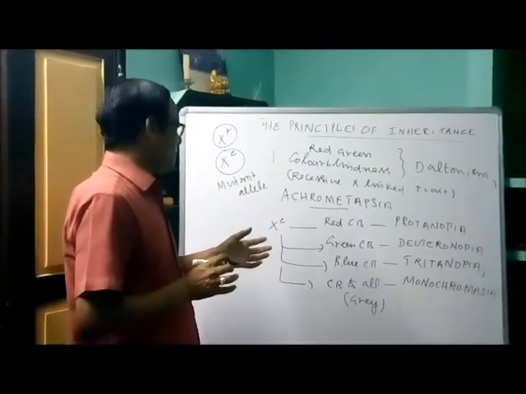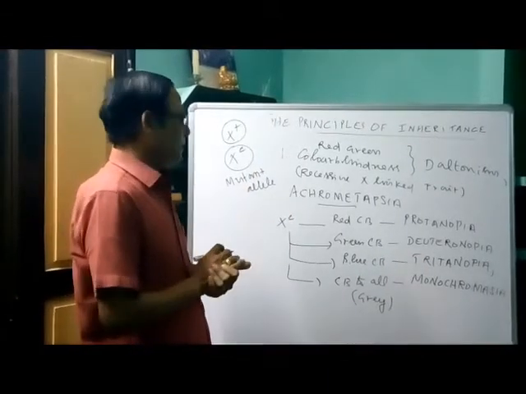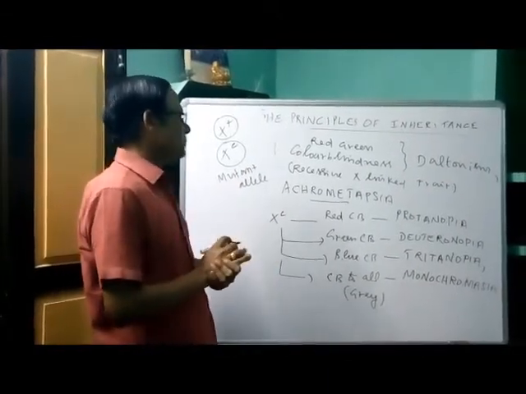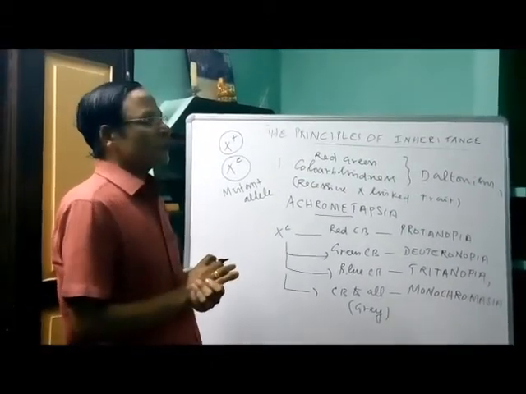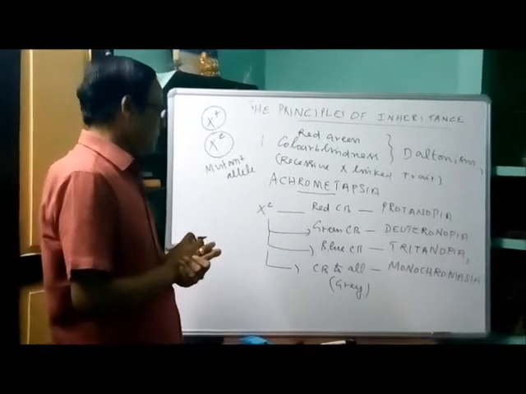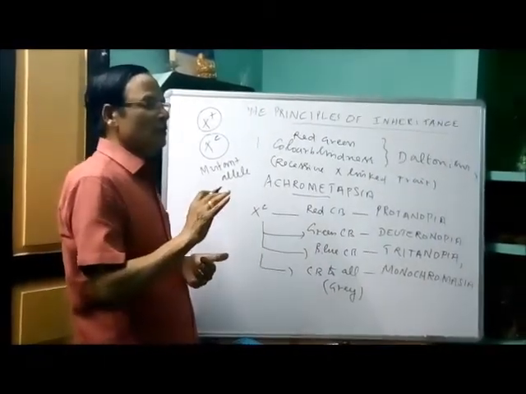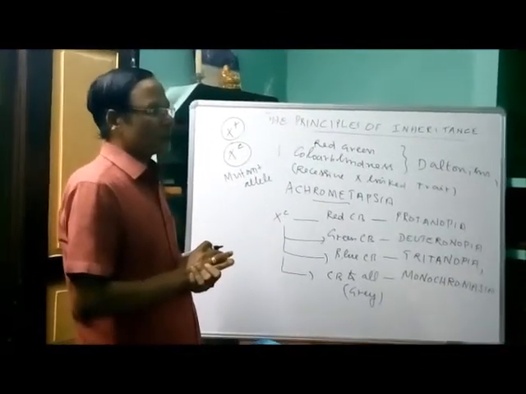So, anyway, the recessive gene is responsible for color blindness. It is located on the X chromosome. It is an X-linked recessive character. It is more common in males than in females. Normally, there are very few colorblind females; we mostly have colorblind males.